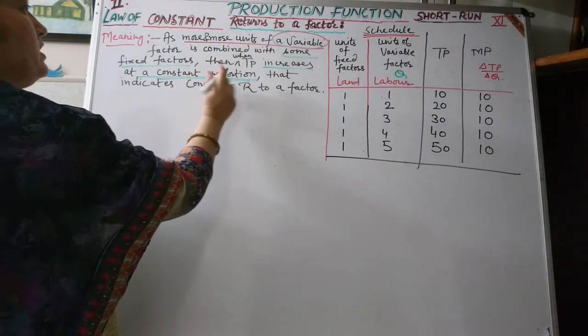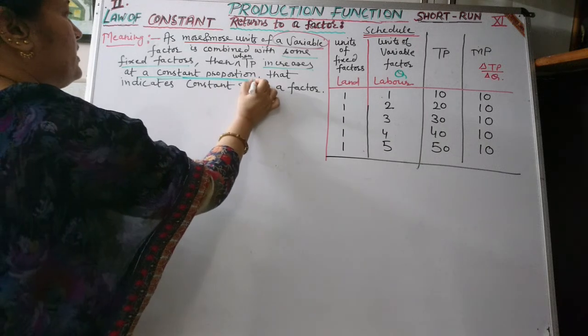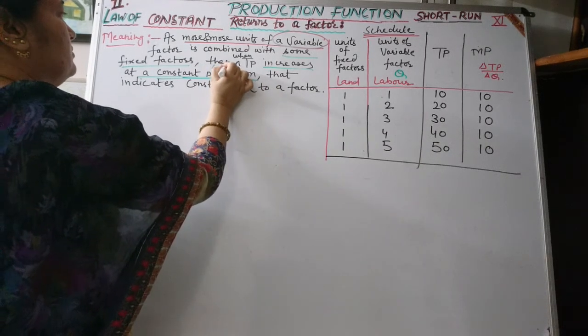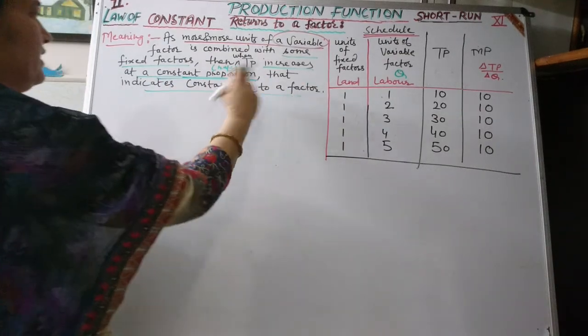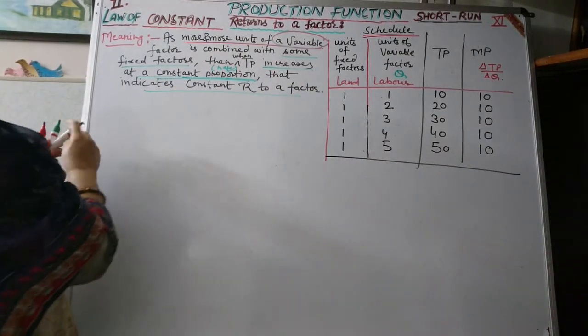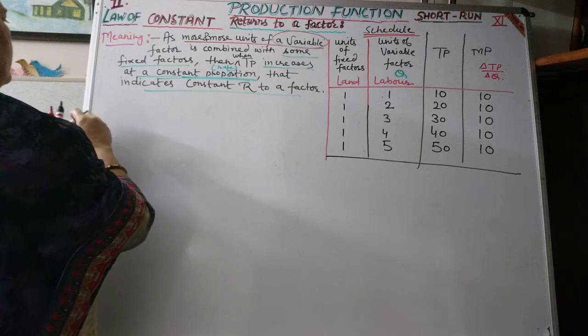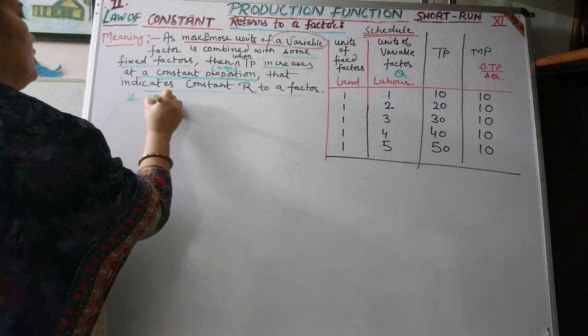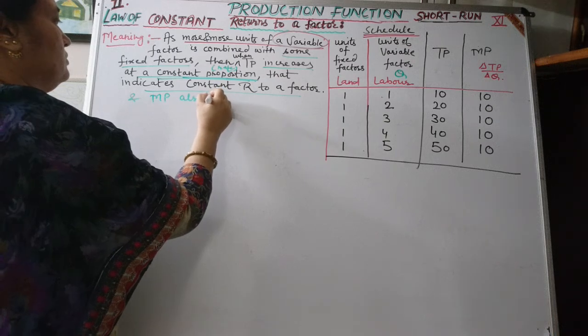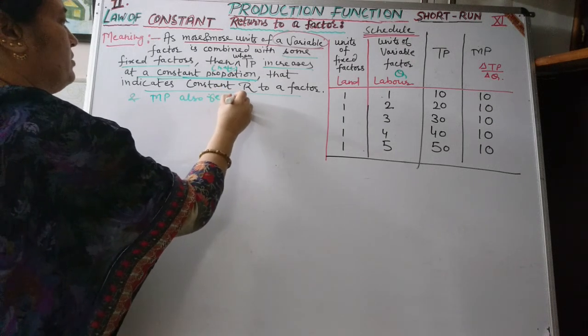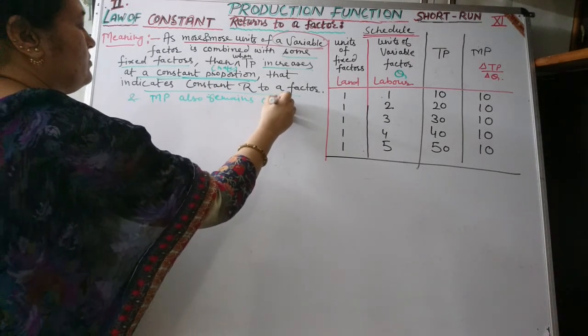Now total production increases at a constant rate. It indicates constant returns to a factor, and marginal production also remains constant.